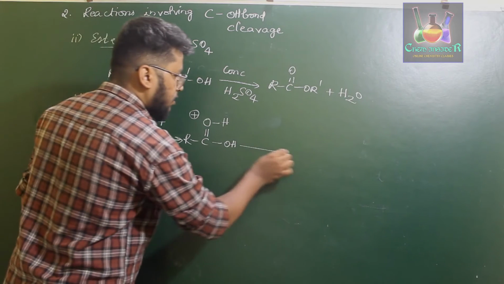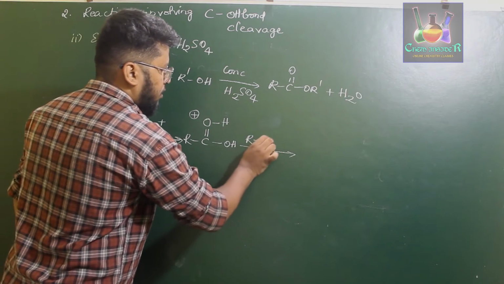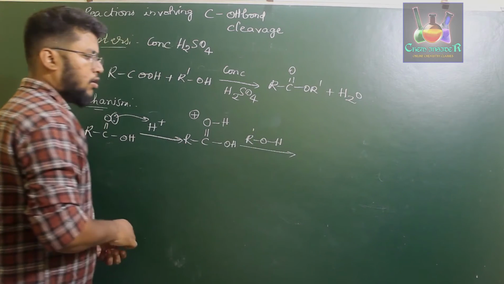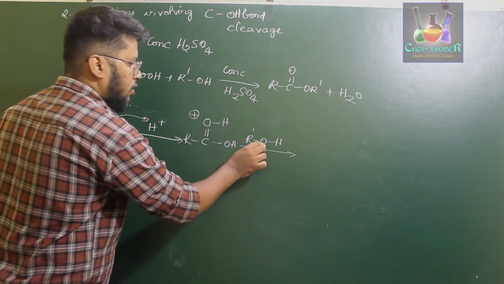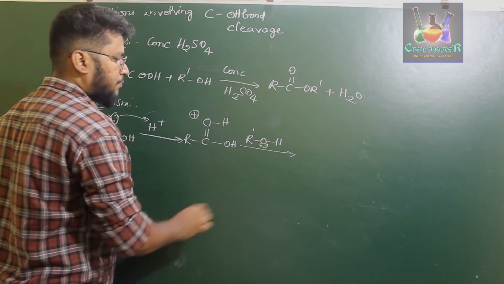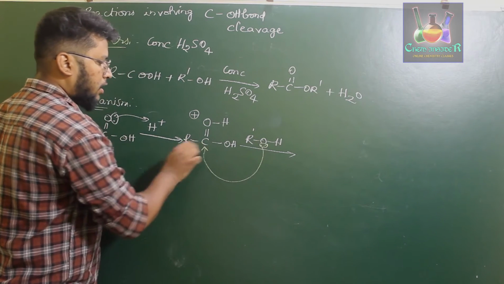Next, the alcoholic OH group, which has a lone pair of electrons on oxygen, attacks the carbonyl carbon.